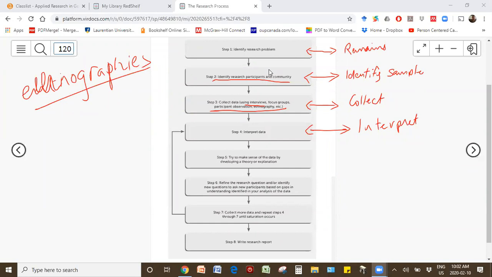the big differences start here. In qualitative, you try to make sense of the data by developing a theory or explanation. What would be the comparable step after you interpret data in quantitative research? Would you be looking for themes at this point? Yeah, so you make conclusions to do what?